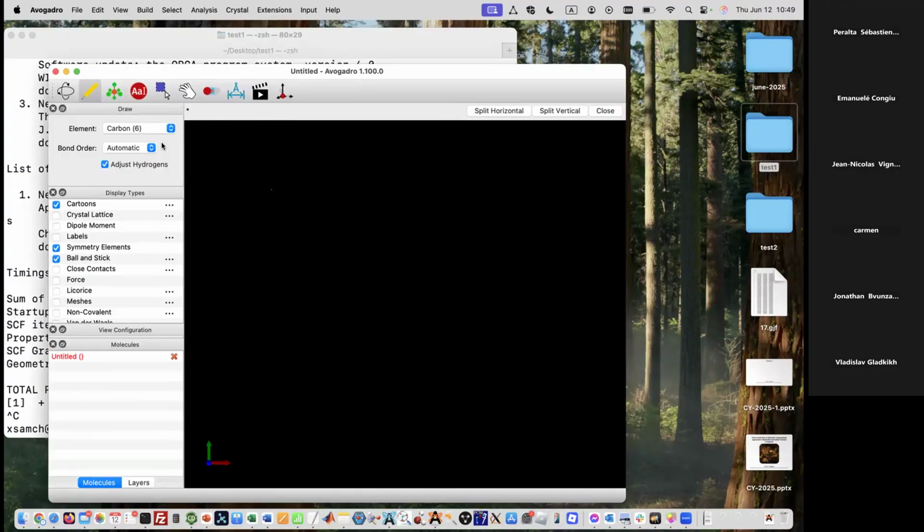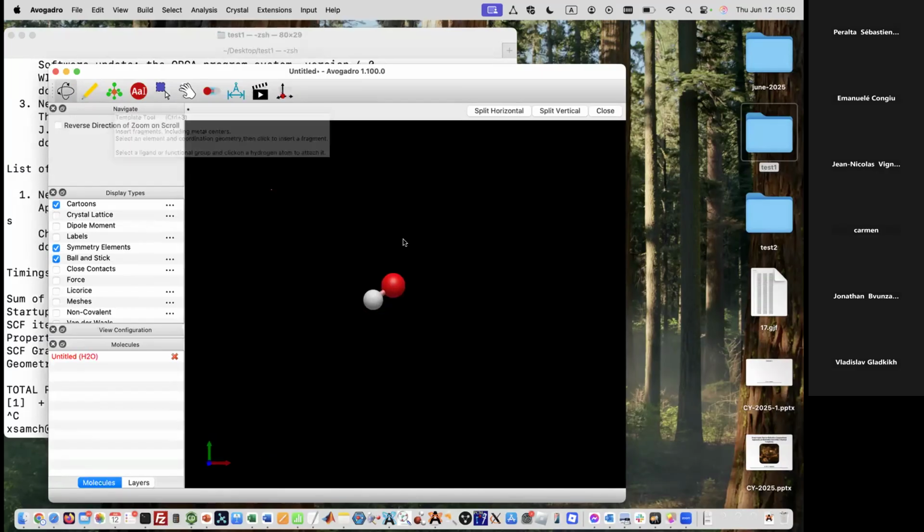Let's say you want to create a water molecule. It's very simple.